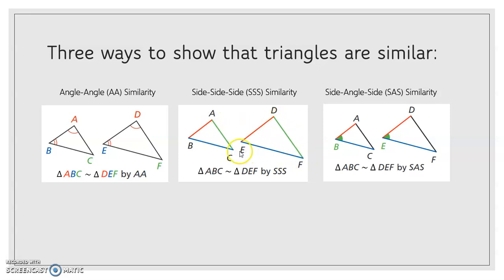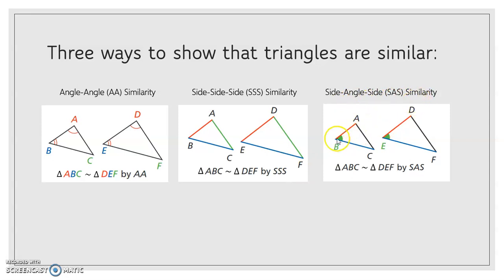And it also has to equal the fraction made by the blue sides. Okay, if all three of those fractions are equal, then we can say that our triangles are similar by side-side-side similarity.